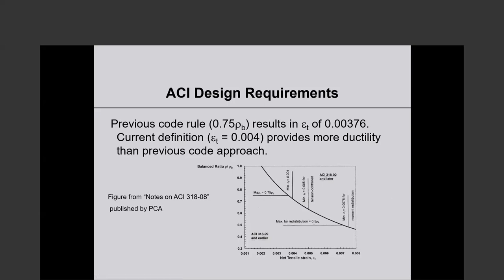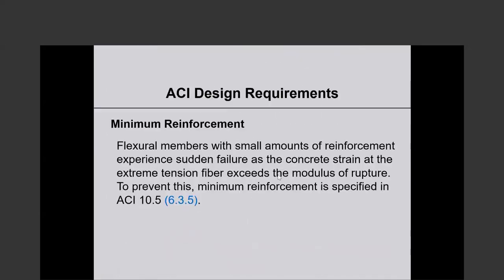And back in those days, we could not take any moment redistribution unless, if the tension reinforcement exceeded half of rho balanced, we could not do any moment redistribution. Okay, so I think this is a very nice figure to correlate past practice with what we are doing now.